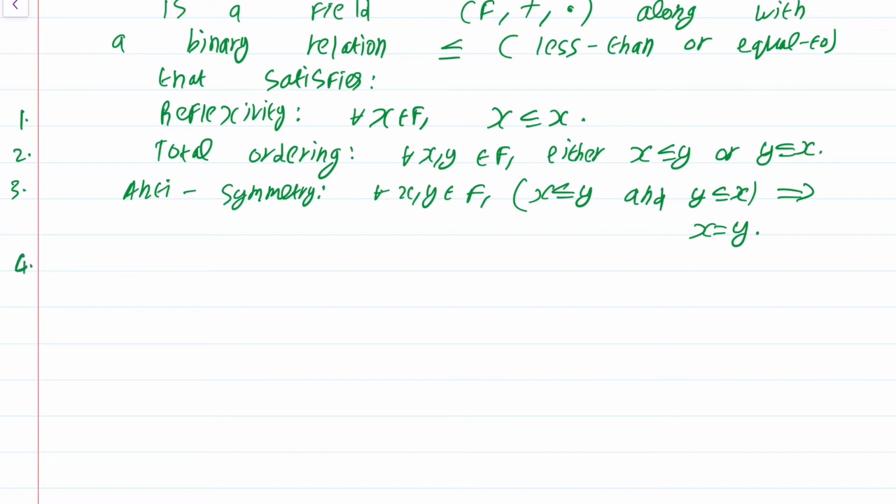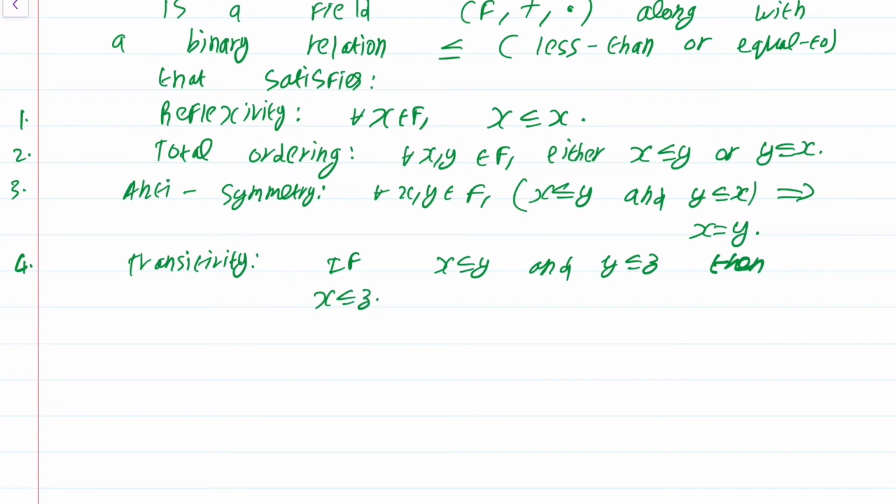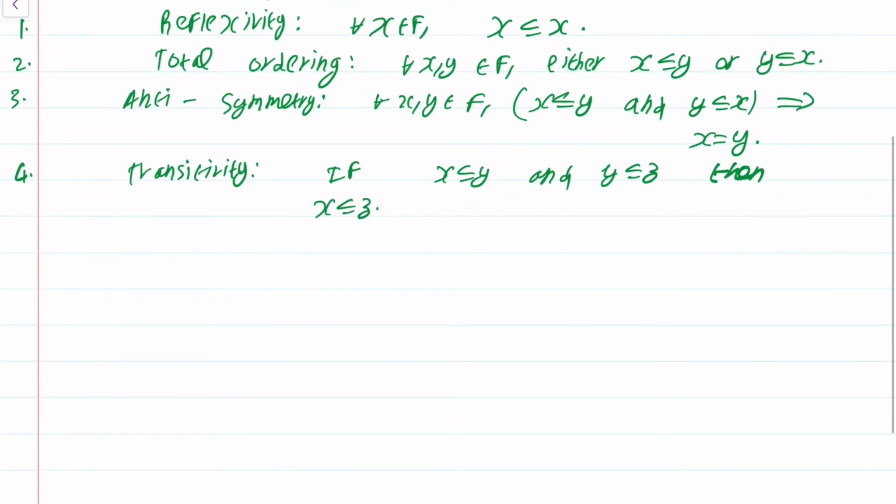And fourth property, transitivity. Transitivity just says that if x is less than or equal to y and y is less than or equal to z, then x is less than or equal to z. This is just the familiar transitive property that you have already seen when we studied equivalence relations.